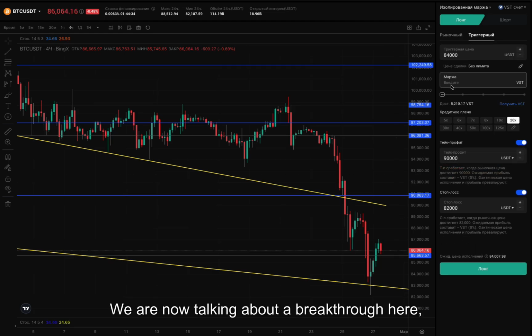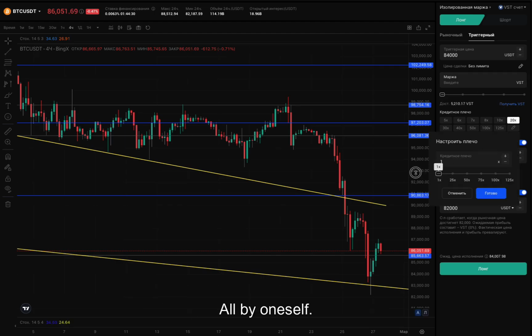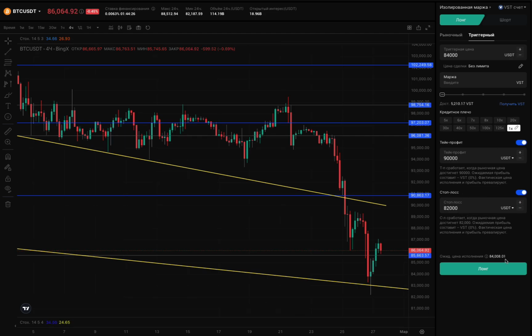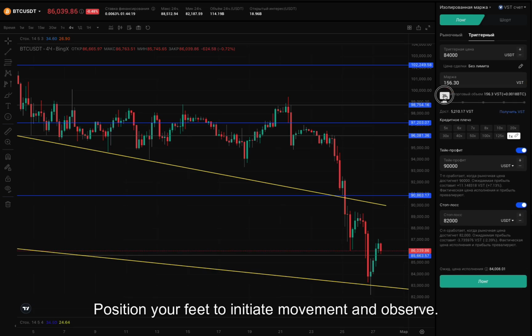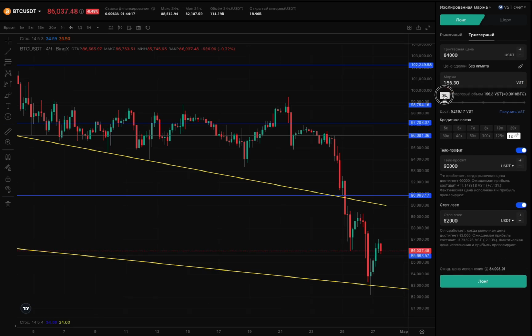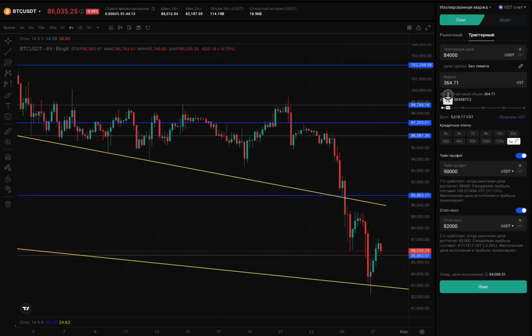We are now talking about a breakthrough here. Let's say we set our leverage to 0, all by ourselves. Leverage 1. Position your entry to initiate movement and observe. So we look at the stop loss, approximately $10.